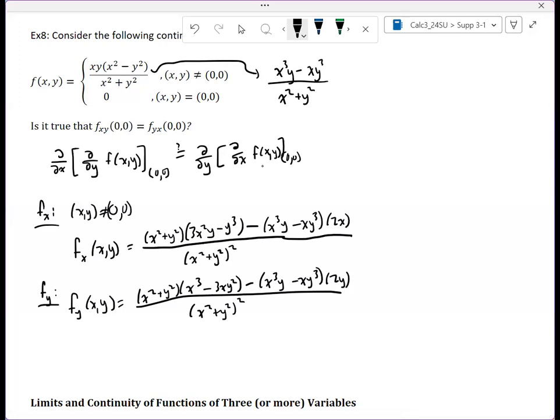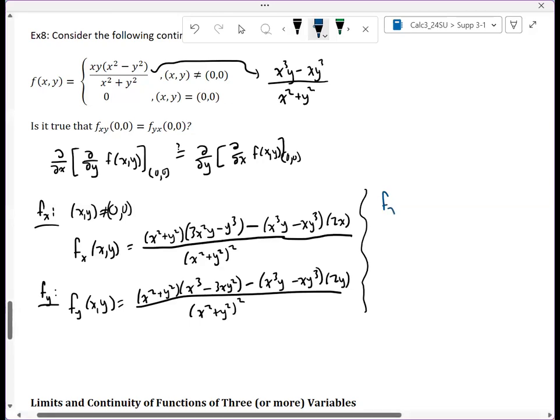Okay, now a tough question. What is fx at 0, 0? We might be tempted to plug 0, 0 into our fx formula to the left there, or take a limit or something, but we really need to approach this directly.